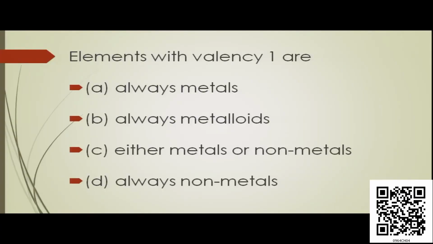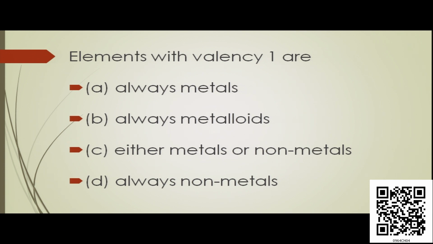We will take another example from this topic: elements with valency 1 are of what? What can you determine about elements having valency 1? Option A, it is a metal; option B, a metalloid; option C, it can be either a metal or a non-metal; or option D, it is always a non-metal.